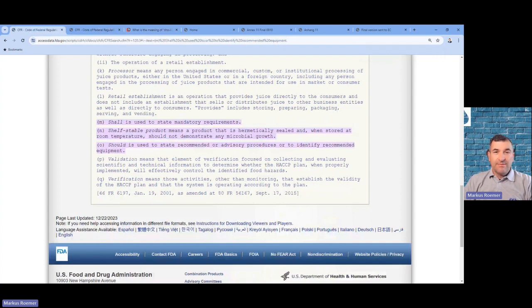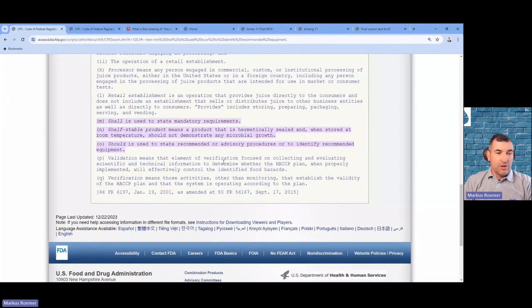One question which comes up very often is, how should we interpret should, shall, must, can, if I read that in a predicate rule or in a guideline or something like this. So I shared my screen today, and I hope I can give you a short overview about that topic.